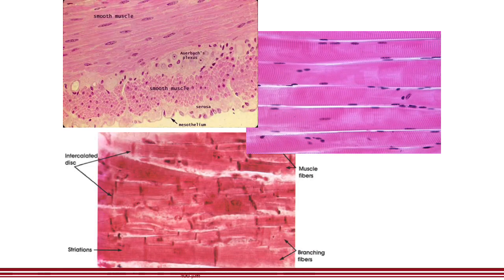Now, this slide shows us the histology of the three different types of muscle tissue. Here you have smooth muscle, okay? You have skeletal muscle fibers here, and then this is cardiac muscle. Okay, please take note that cardiac and skeletal muscles have these striations that we see here, which smooth muscle does not.